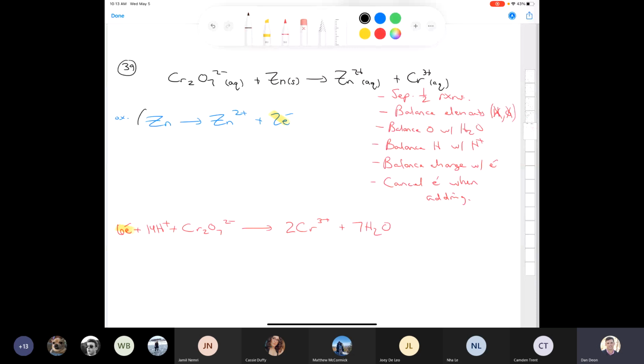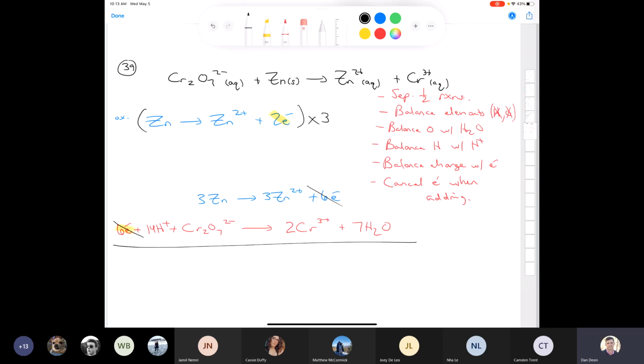So I'm going to take that entire oxidation reaction, multiply the whole thing by 3, and I'll end up with 3 zincs produce 3 zinc 2+ plus 6 electrons. Now I can take this half reaction and tally it up with this one, and I'll end up with my overall redox reaction.